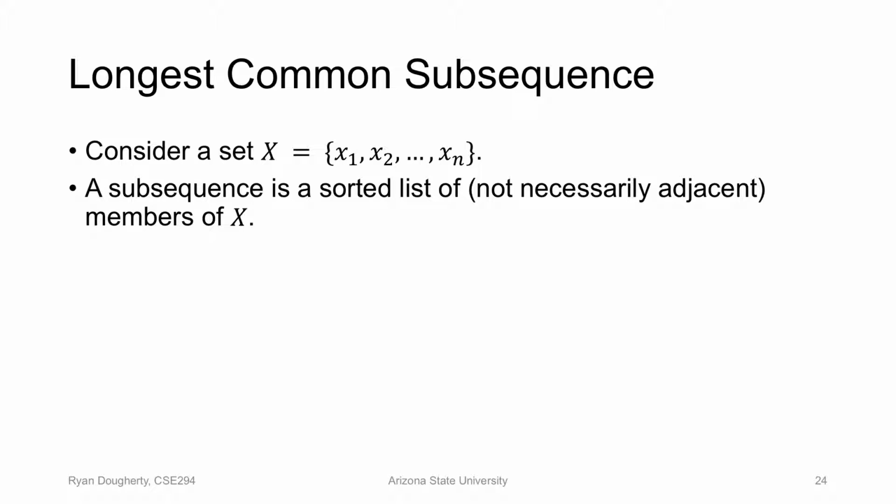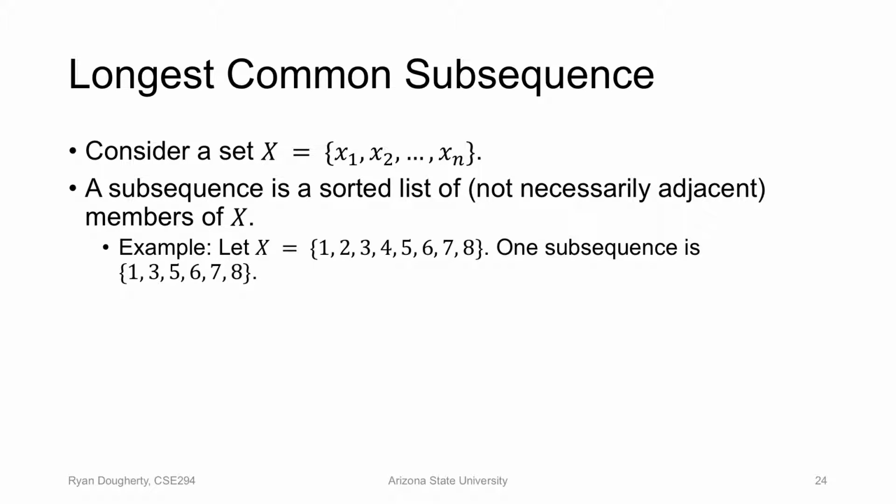So here's an example. Let's say our set X is the numbers 1, 2, 3, 4, 5, 6, 7, 8. Then one subsequence is 1, 3, 5, 6, 7, 8. So 1 and 3 are not next to each other, but 5, 6, 7, and 8 are. So they could be next to each other, but they don't have to be.